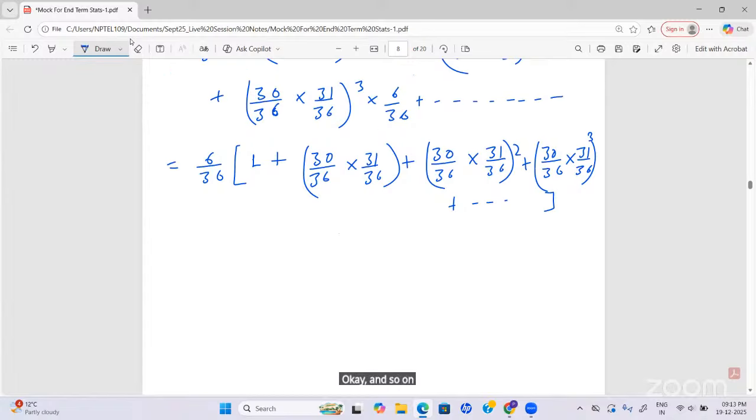So now you can see that it is an infinite-term geometric series. Yes, no? Yes, ma'am. So what will be the summation of this series?